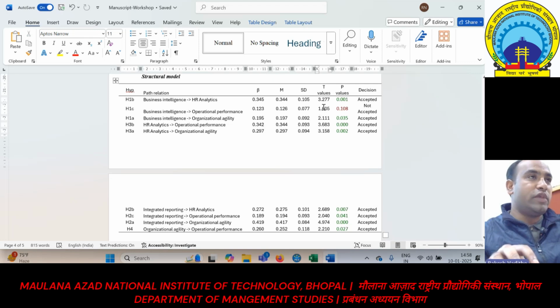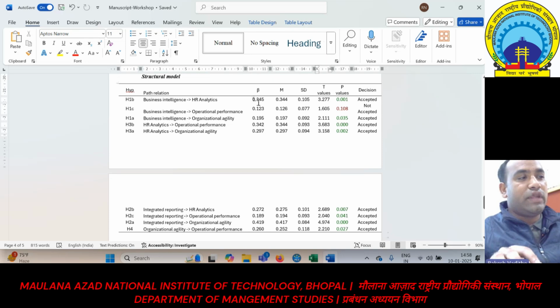Suppose the t value is below 1.96, that's why it got rejected, not accepted. For significance level, here you can see 0.001, 0.03501 means significance remains. Except one, all the remaining have significance, with t value more than 1.96.